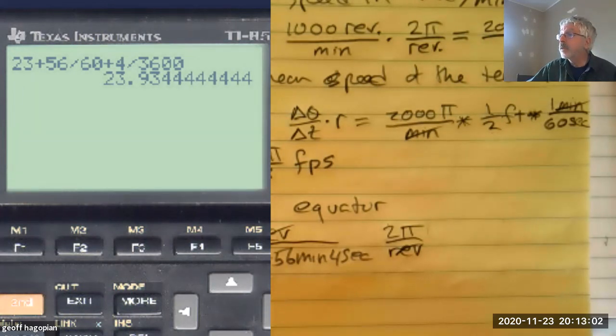So let's store that into an answer, into A, okay.